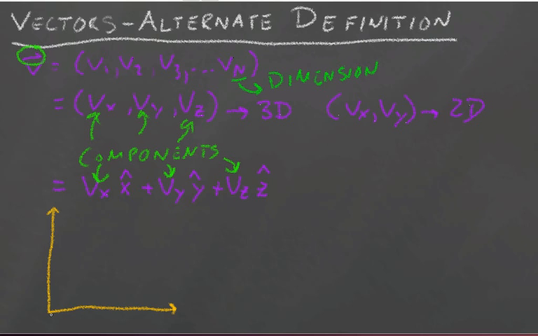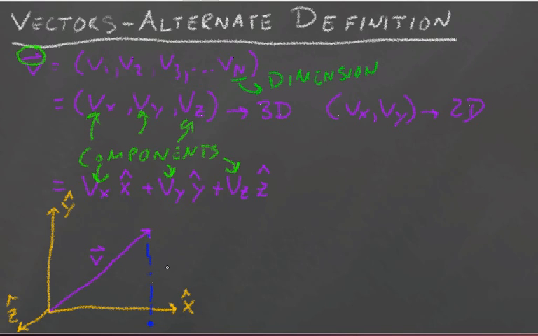So we can also actually represent a vector graphically. If we call this the z direction, this would be the x direction, and up would be the y direction. And now we'll draw our vector v. Okay? And so what we can do is what we call projecting it. So we can project this down. So say it lands at a point here.